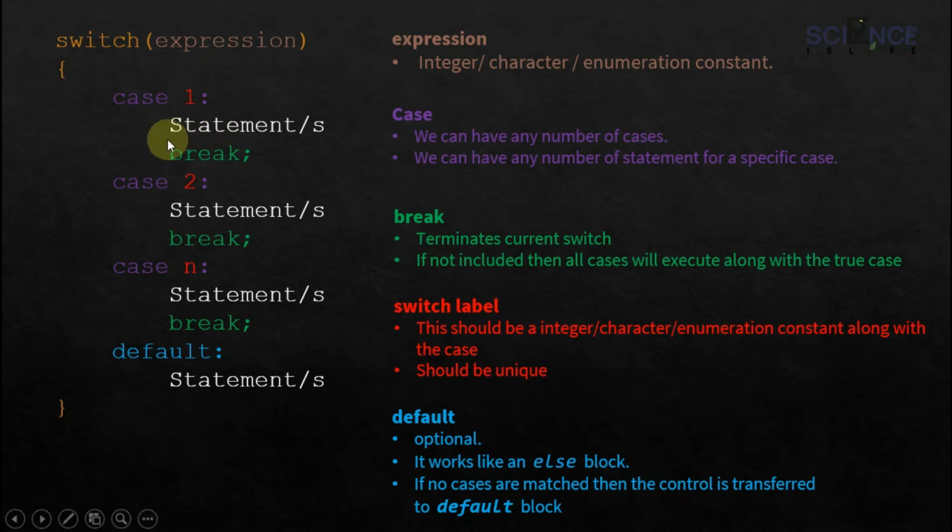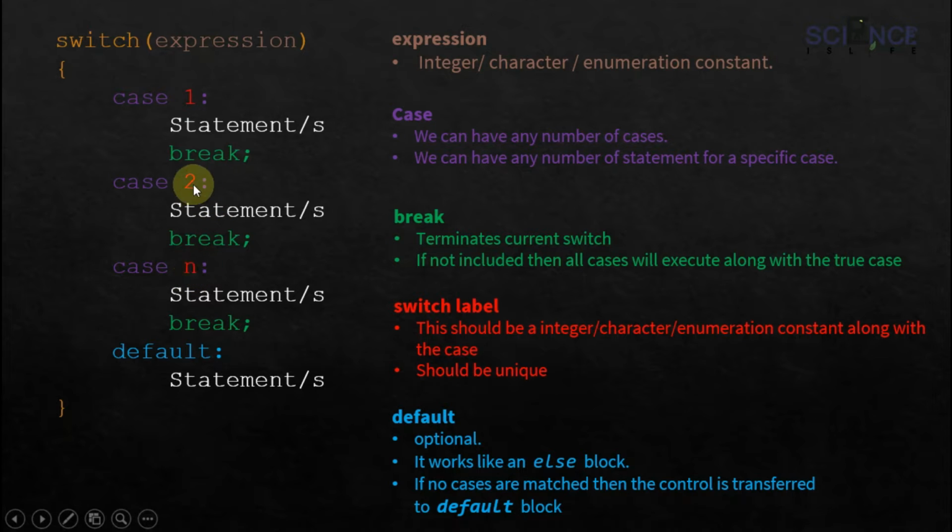If we don't use break, then we have to face lots of problems in these switch cases, right? If it is not included, then all cases will execute along with the true case. You will see what the meaning of this is. And I told you these are the switch labels, and these should be integer, character or enumeration.